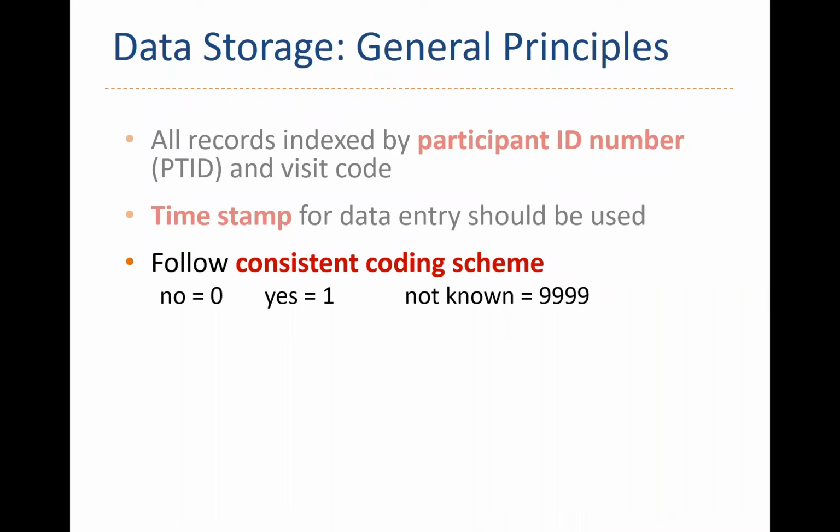I typically use 0 for no, 1 for yes, or 0 for absent, 1 for present. And then I have some generic numerical values that I use for all the other options, like not known, not entered, or choose not to answer.